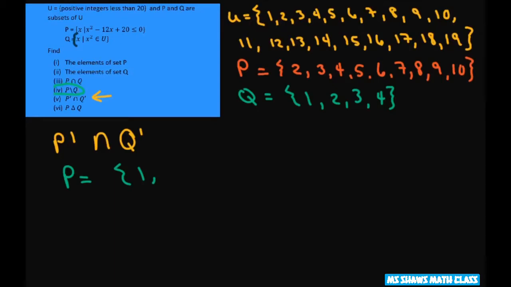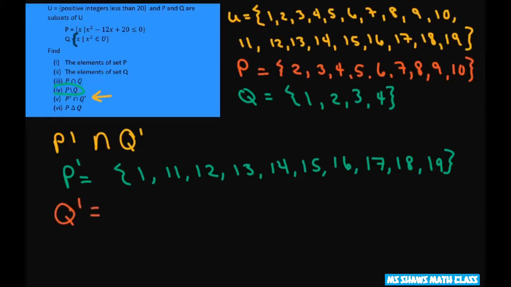And then we have 11, 12. So not P would be this: 11, 12, 13, 14, 15, 16, 17, 18, and 19. Not Q is going to be everything but 1, 2, 3, and 4.